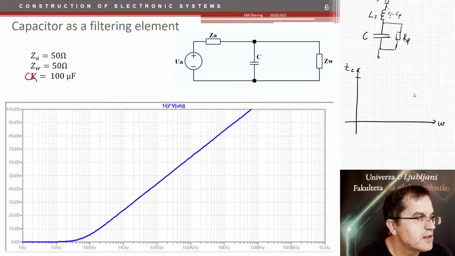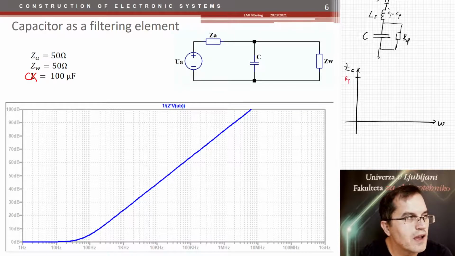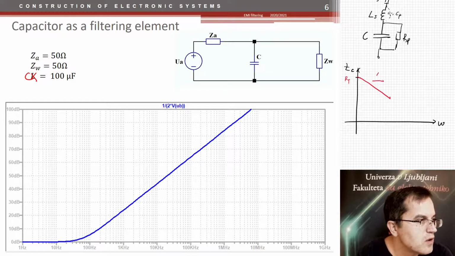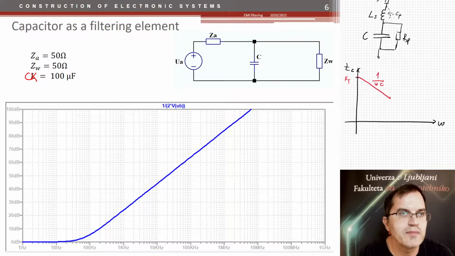Actually, it is defined by the parallel resistance. It is here. Because at very low frequency, the omega L is almost zero, the 1 over omega C is very large. So at low frequencies, the impedance of the capacitance drops with high frequencies, and this is the 1 over omega C part.